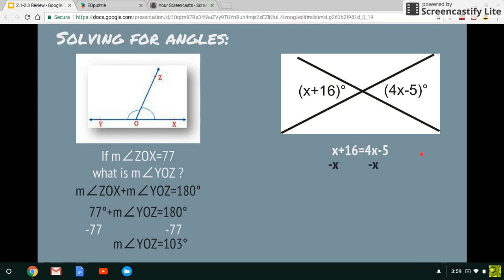Then we just have to use our algebra skills and solve, so we can subtract x from both sides. So we get 16 equals 3x minus 5. And then we can add 5 to both sides. So we get 21 equals 3x. And then we just have to divide by 3 on both sides, and we get that x is 7.